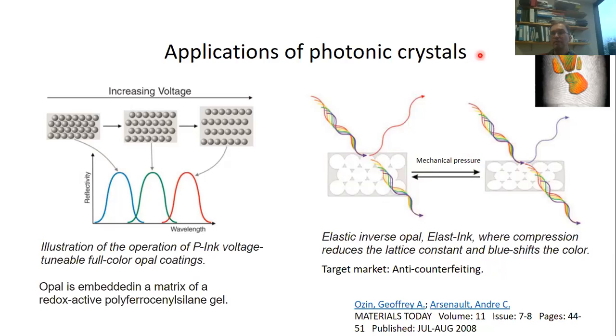Okay. You can also use this principle for identification purposes. You can actually use it for fingerprinting, because the surface of your finger is not entirely flat. So when you press with your finger on your photonic crystals, then a different pressure will be applied to different areas of your photonic crystal, which you can then visually see.